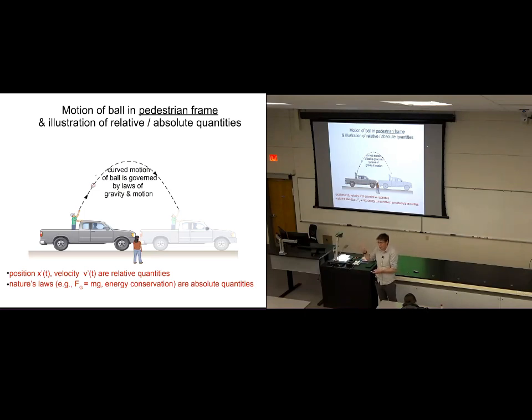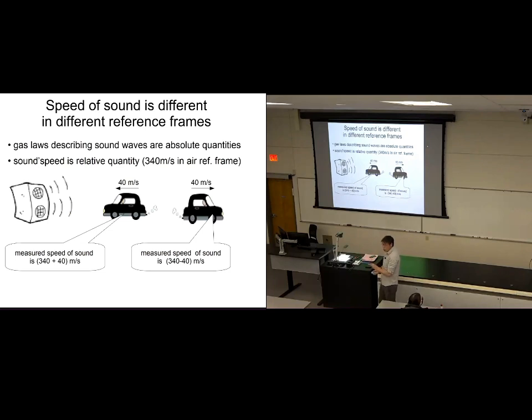So the laws of physics are the same. That's the first key ingredient in relativity: all observers, no matter your inertial reference frame, whether you're the pedestrian or the passenger, see the same laws of physics. That's a cornerstone of relativity.